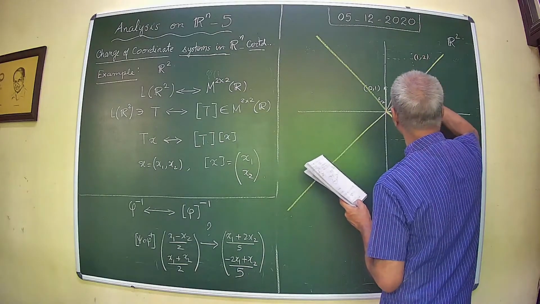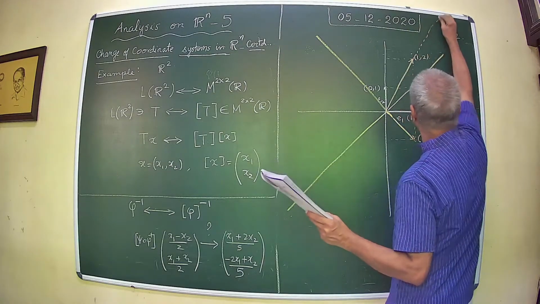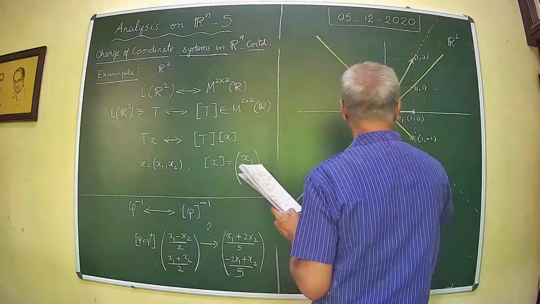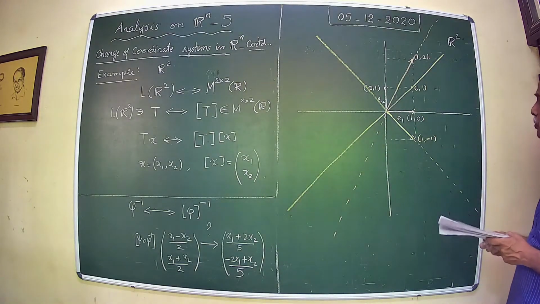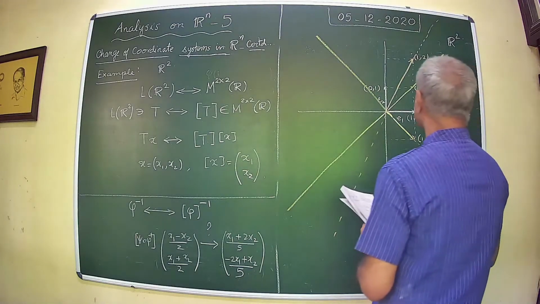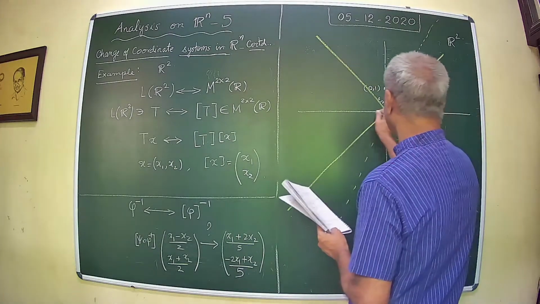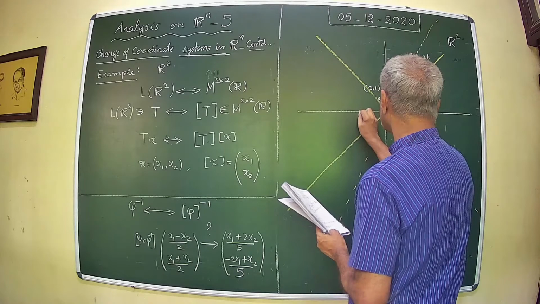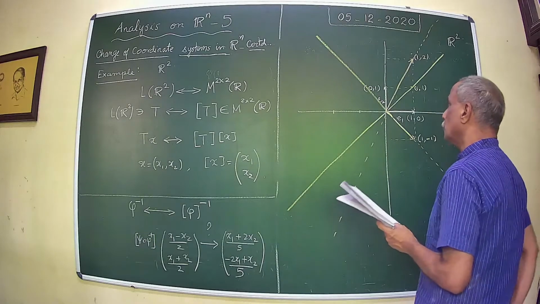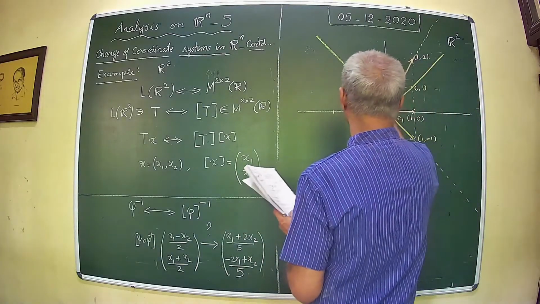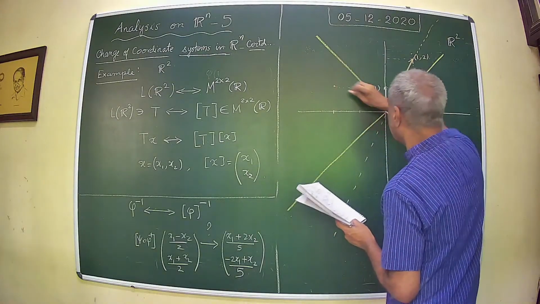So you have a vector here, and then you stretch this to get the coordinate axis. Then you have 1 2 and minus 2 1. This is minus 2, and 1 is this. So this is the axis.